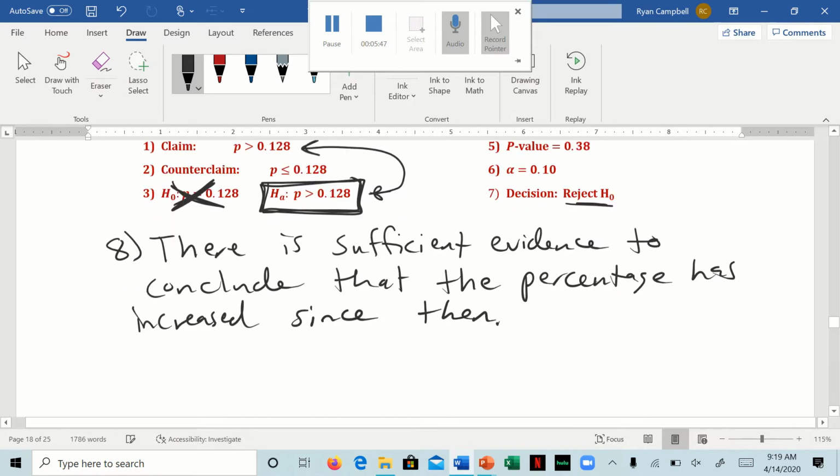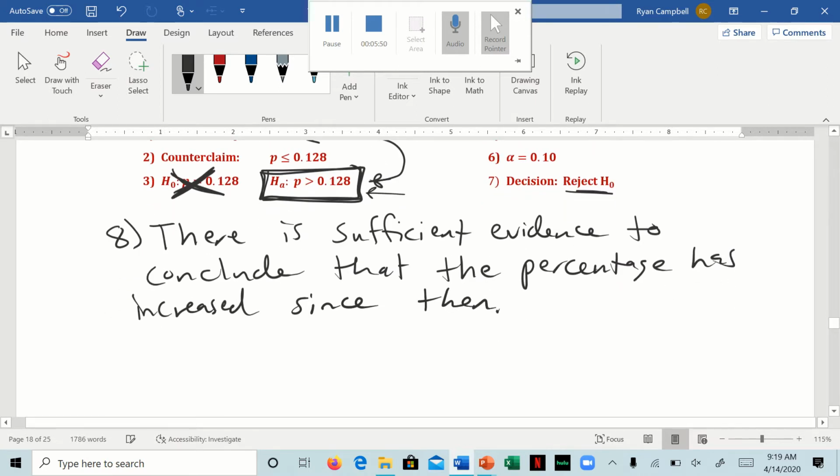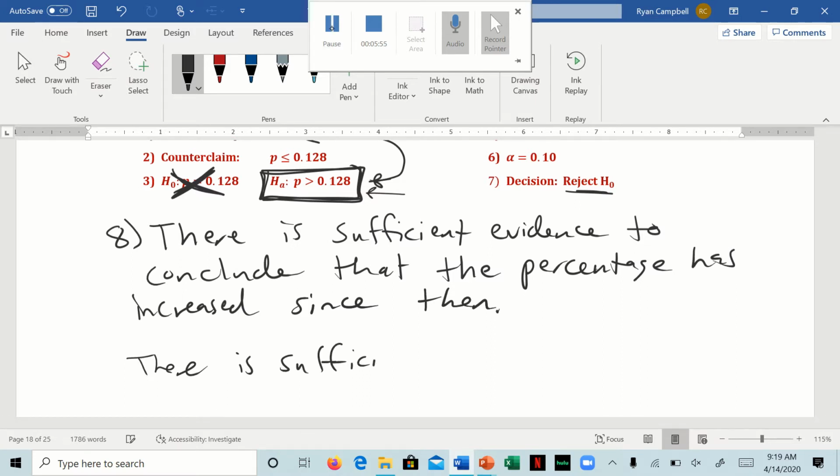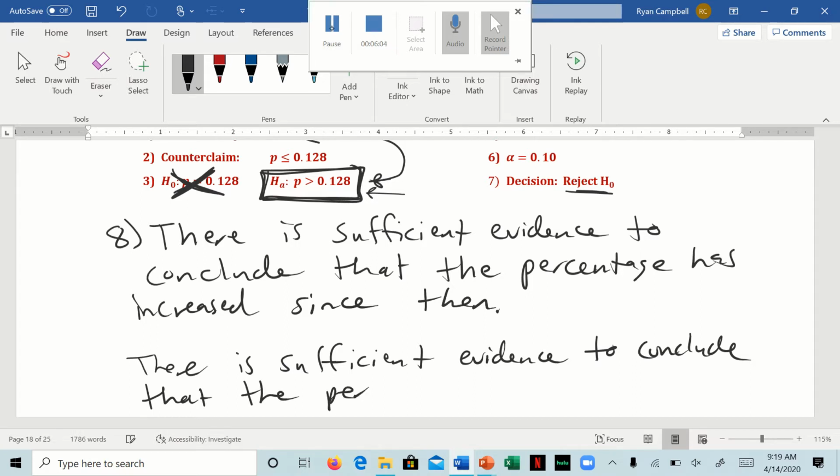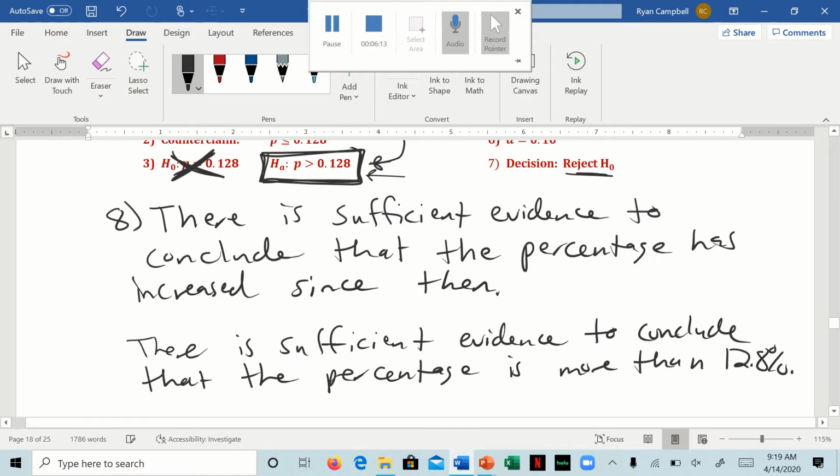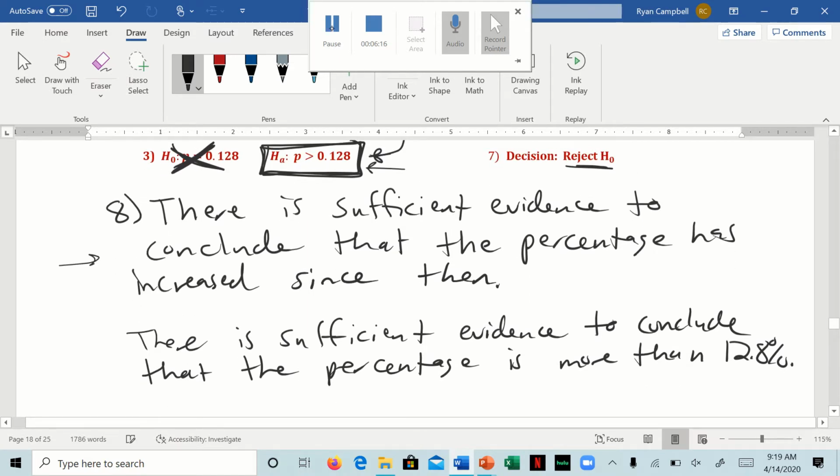Or if you wanted to use something a little more specific, right, we could also say there is sufficient evidence to conclude that the percentage is more than 12.8%. So you could do it either way, right? You could either use part of the claim or you could just rewrite this in word form.